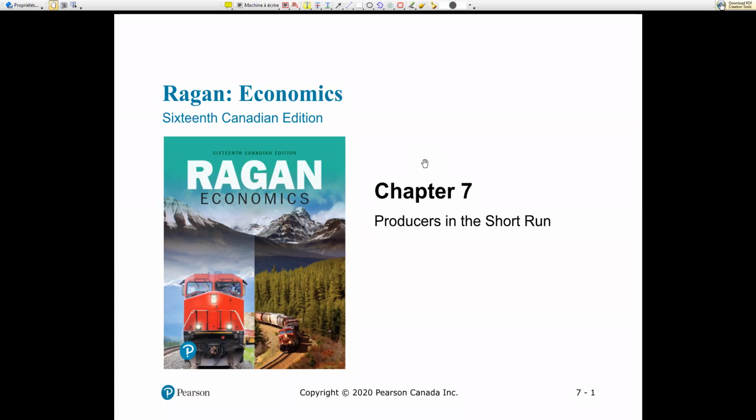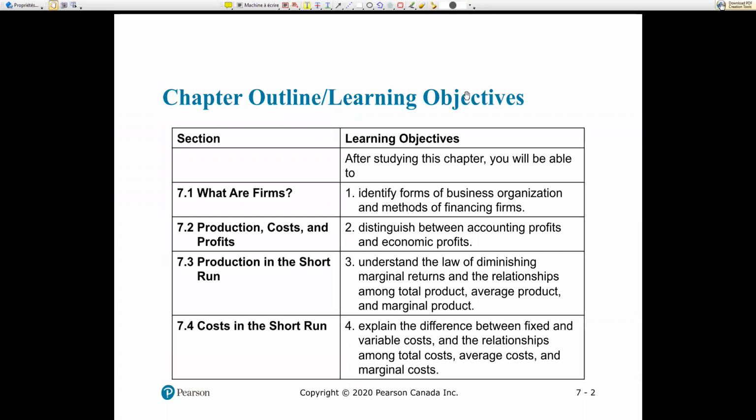So this chapter is quite easy, in my opinion. We're mostly describing stuff. We just describe what firms are, what sort of business organization you have, and the difference between accounting profits and economic profits.